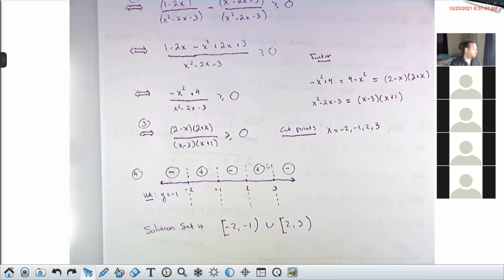Let me see if I can find one where we have some other multiplicity stuff going on. No, we'll not do that one. That's the same thing. No, let's not do it graphically.